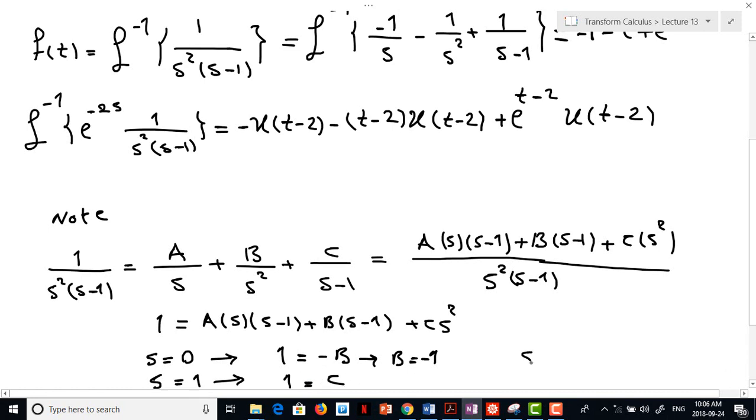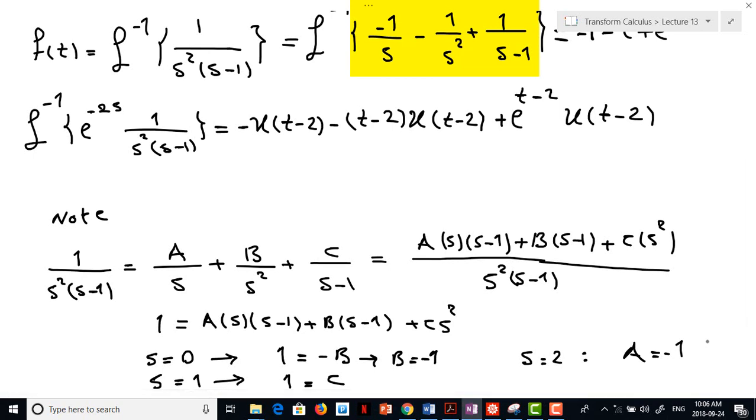And if you plug in one random number like s equal to 2 in the left and right side of the equation, you can find a equal to minus 1 as well. So now you have the partial fractions of the function, and you can easily use the table of Laplace transforms to find the Laplace inverse of 1 over s squared times s minus 1.